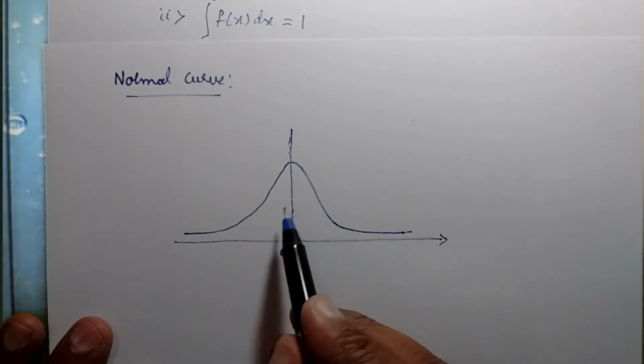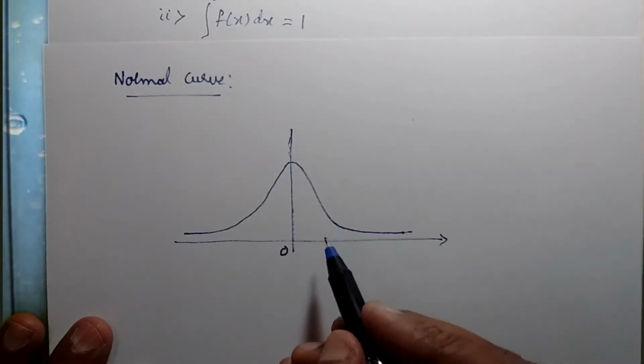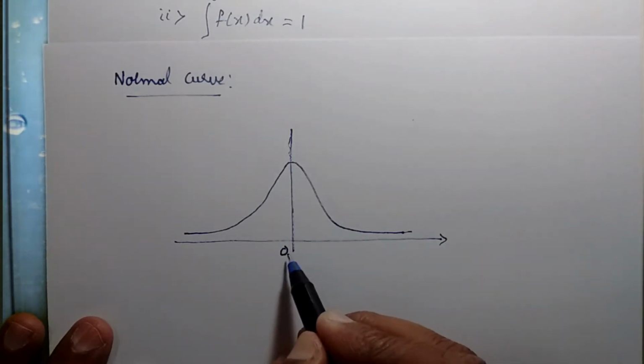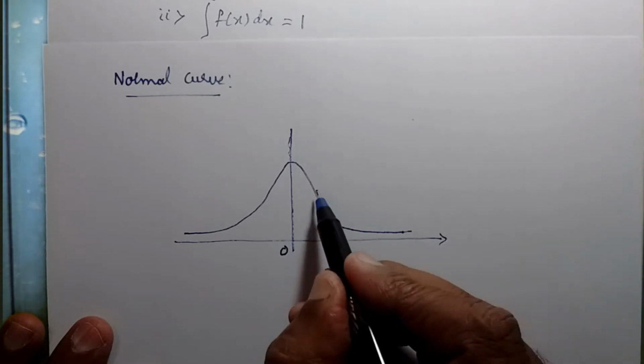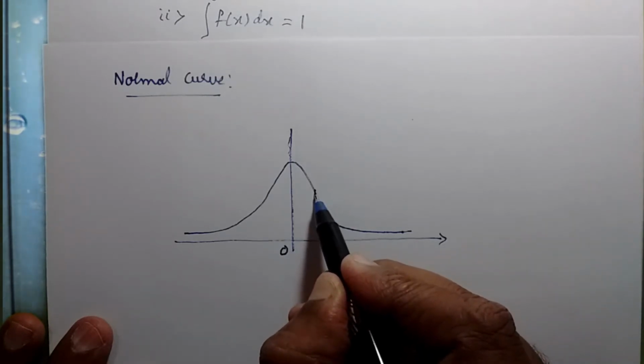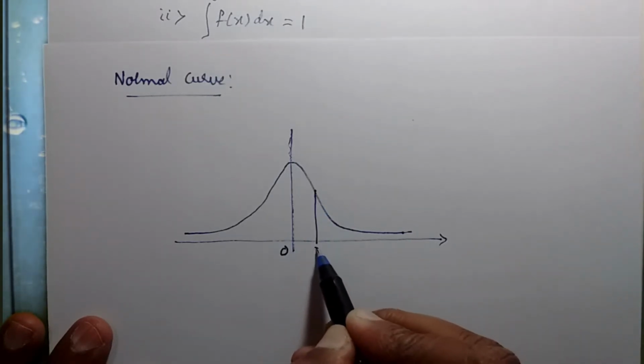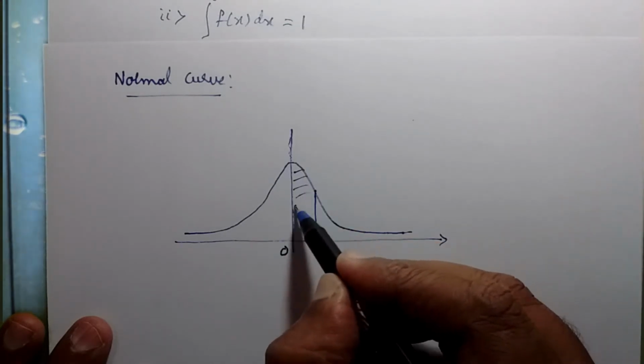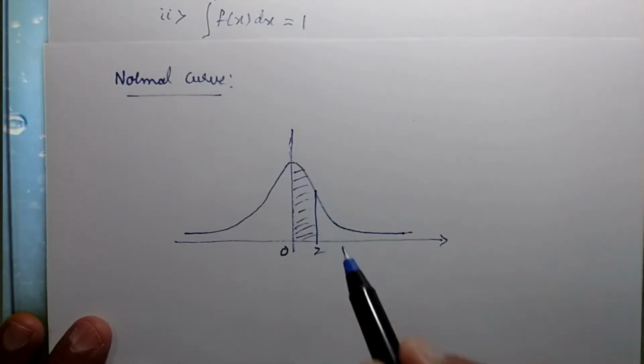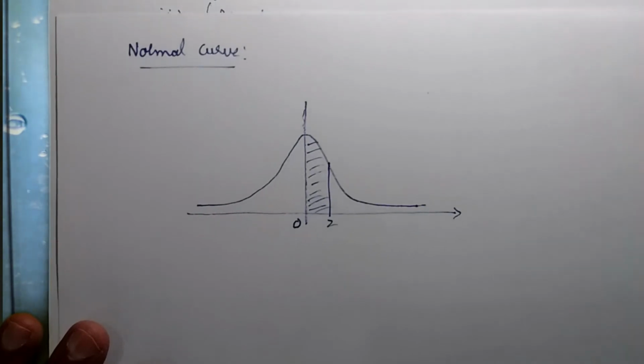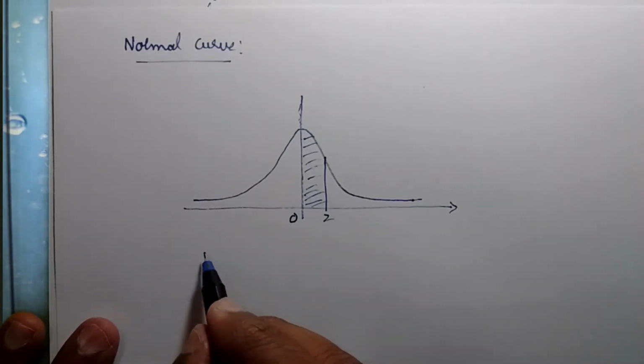Suppose if you want to find out the area enclosed by this normal curve between the point 0 to some point z, then we can use this formula.